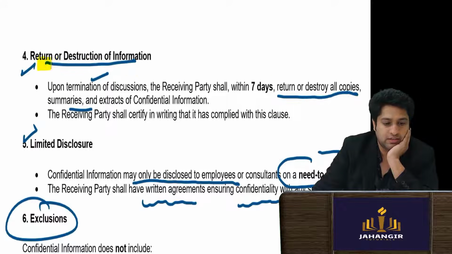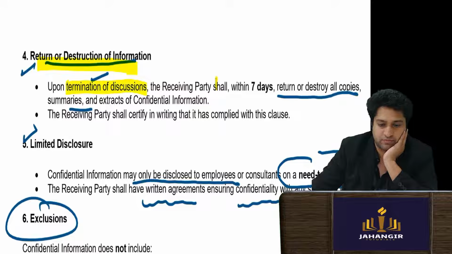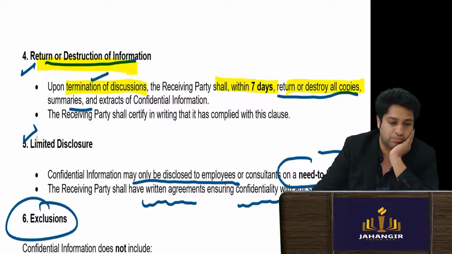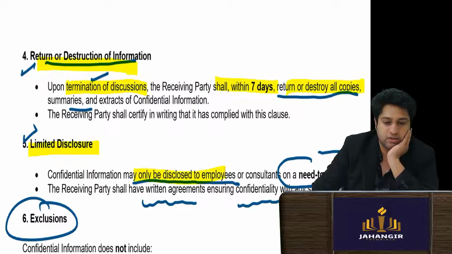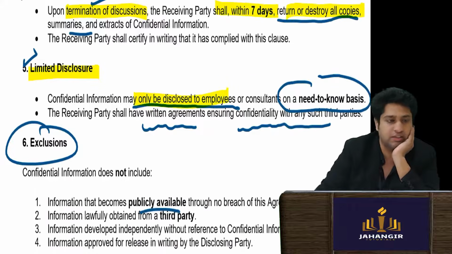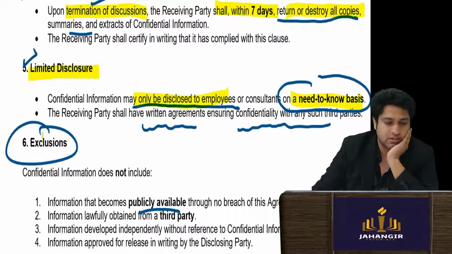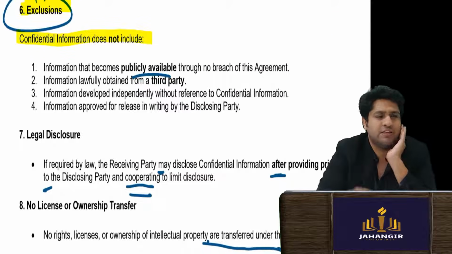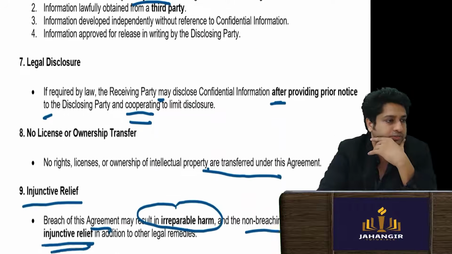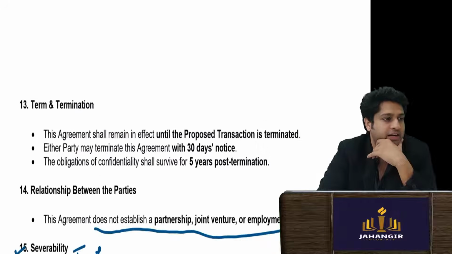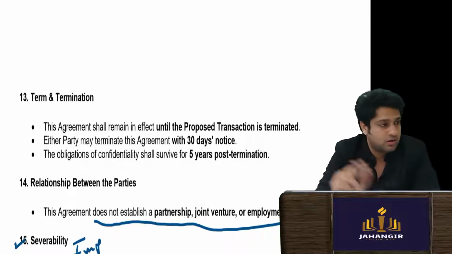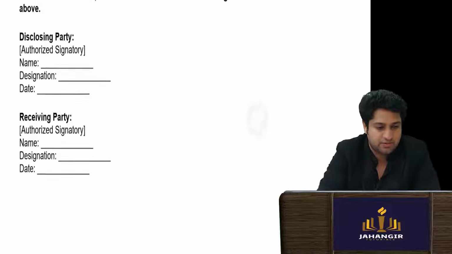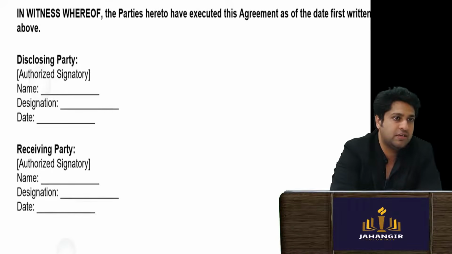They will return it upon termination of the discussion. Within 7 days, they will destroy all the copies. They can only share limited information on a need-to-know basis. Exclusion: confidential information shall not include any public data. So if it is publicly available, it's not confidential. And then there is indemnity. In case anything goes wrong, indemnity needs to be given. And then an arbitration clause and the in-witness-whereof clause.